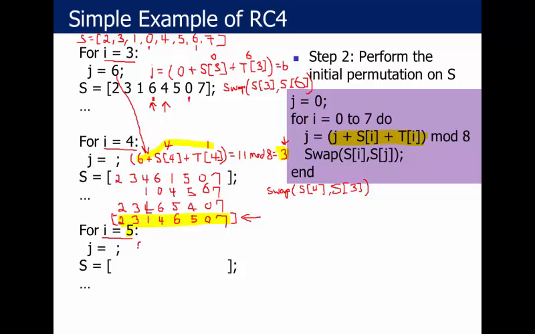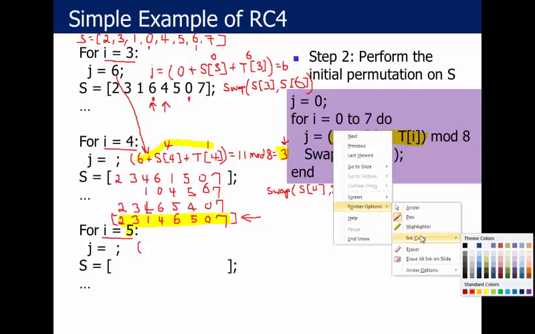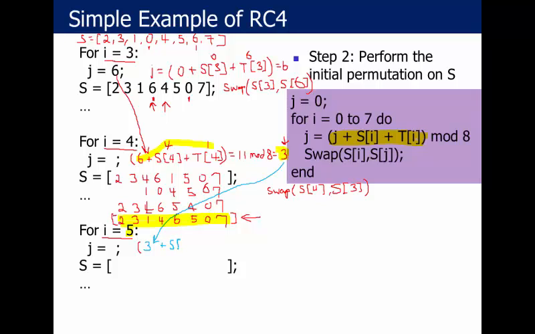So J equals the previous J, plus S sub I, I is 5, plus T sub I, that is also 5.